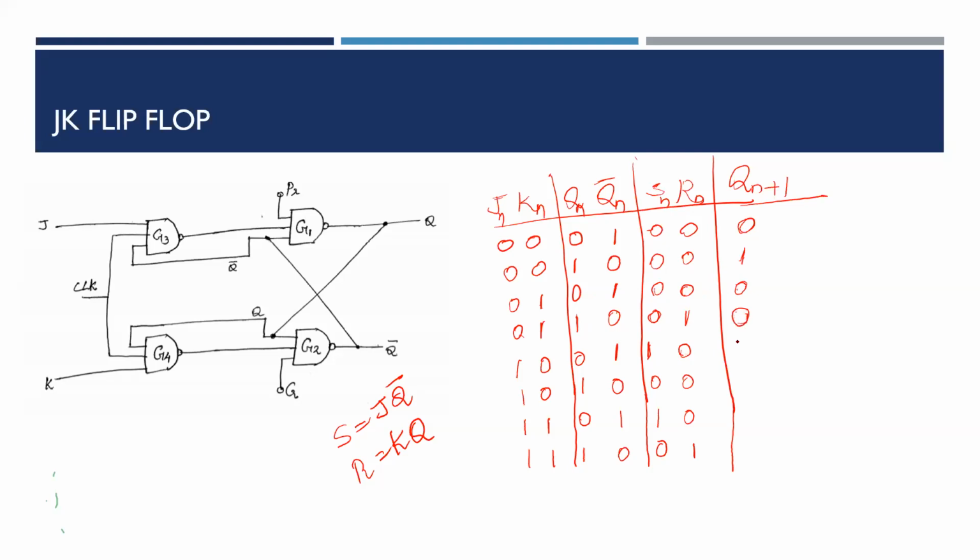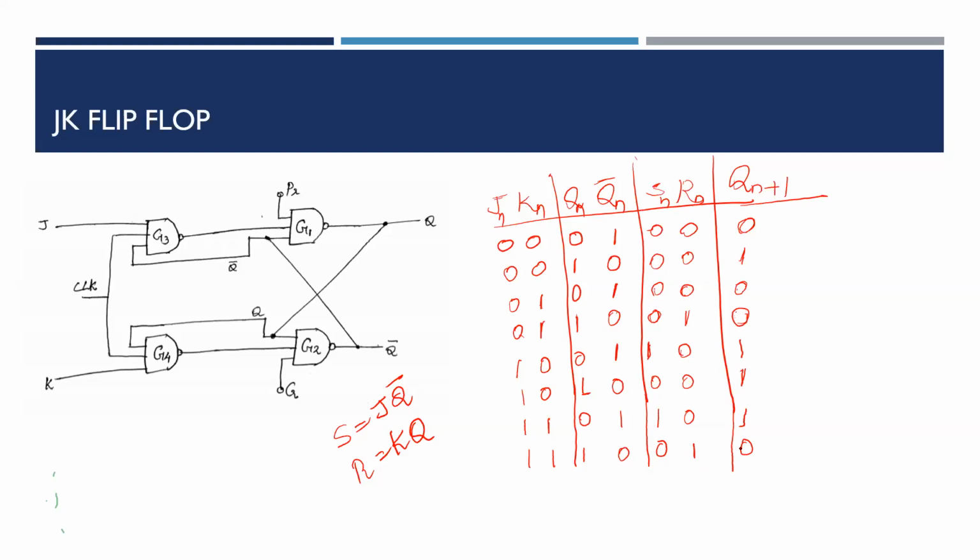S1, R0, flip-flop will set. ഇവിടെ 0 0, so output will be Qn. നോക്കുക Qn എത്രയാണ്? 1. ഈ റോയിൽ എസും ആറും 0 അല്ലേ? സോ Qn plus 1 will be equal to Qn. ഇവിടെ Qn എത്രയാ? 1. Then S1, R0, so flip-flop will set. S0, R1, so flip-flop will reset. Okay? ഇത്രയും ക്ലിയർ ആയോ?